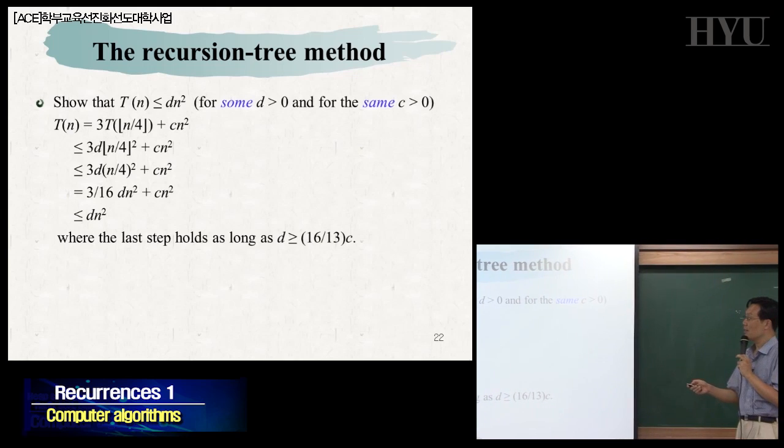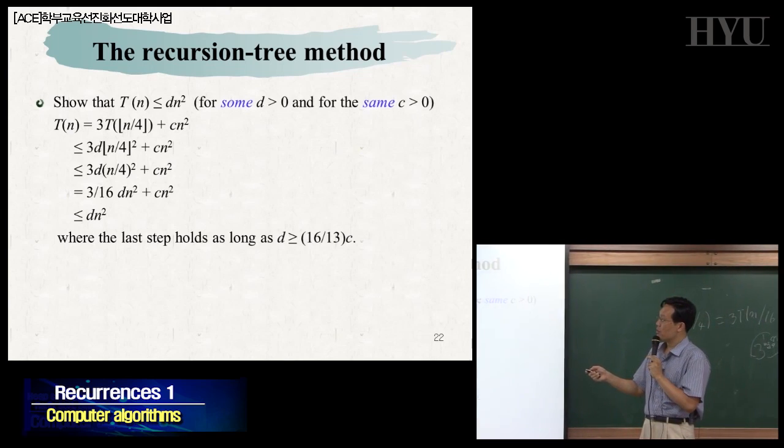Okay, then from this recurrence, we assume that this is satisfied when n is this value. So T of the floor of n over 4 is replaced by this. Then by removing the floor sign, we get this. And the calculation is simpler in this case.